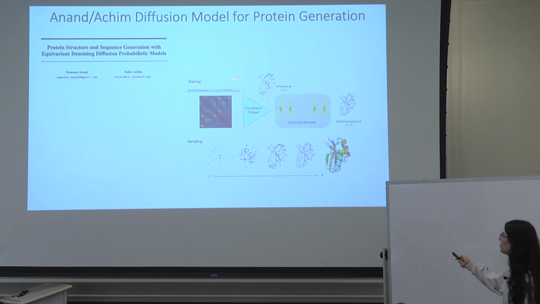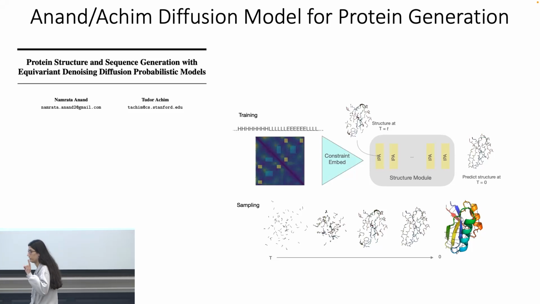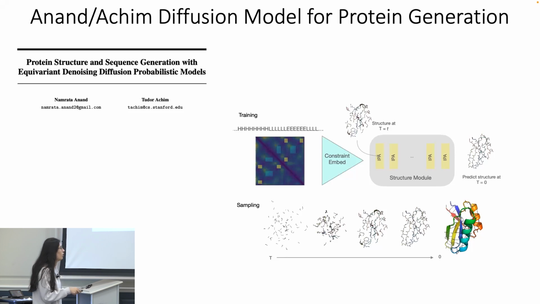As for sequence, they have two other things on top of this. They place rotamers in a similar way, and they predict the sequence based on masking. The model doesn't always know what the sequence identity would be at each of these positions, so it has to predict a sequence, and there's a loss associated with both sequence and structure based off of how well this was denoised going through here.